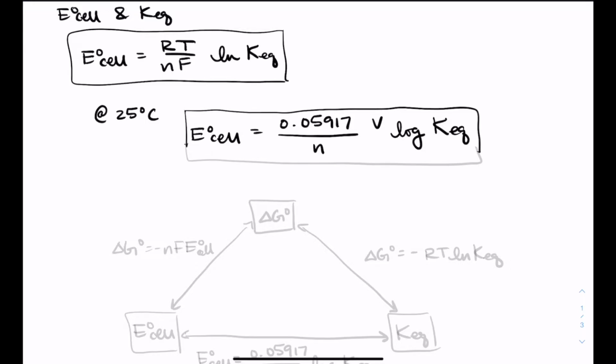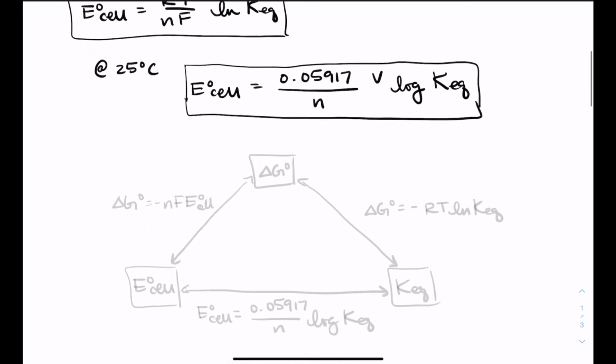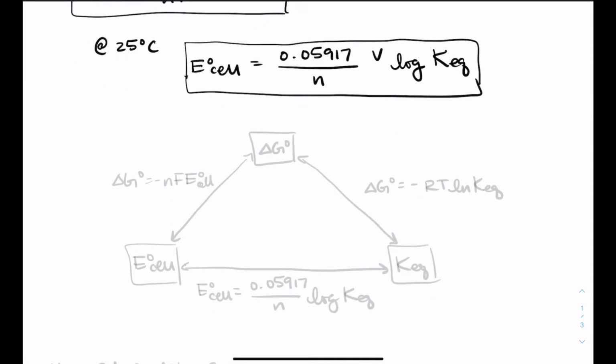of the equilibrium constant. So where this puts us is in our standard delta G, standard cell potential, equilibrium constant triangle. We have a way to convert between all of these. So between standard cell potential and standard delta G, this is the new equation that we have of negative nF E cell.